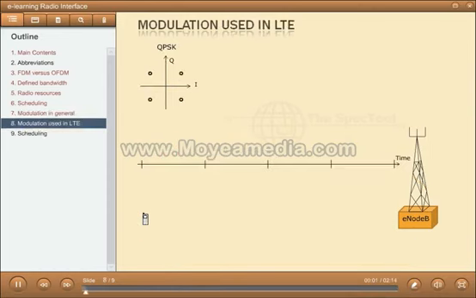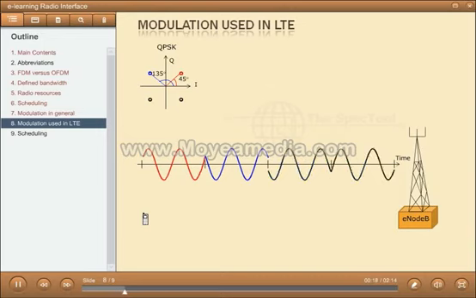The lowest modulation scheme used for the LTE user plane is quadrature phase shift keying. In this solution, 4 phases are used: 45, 135, 225, and 315. With 4 phases, each modulation symbol can represent 2 digits, since 2 to the power of 2 is equal to 4.